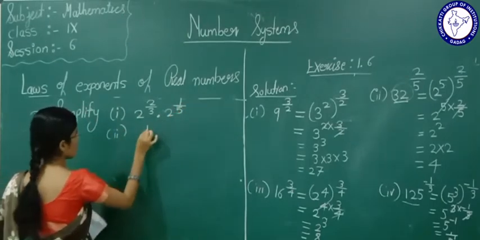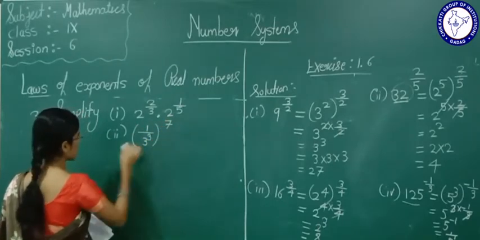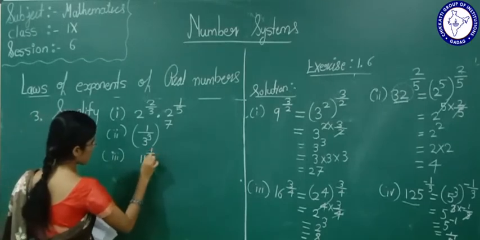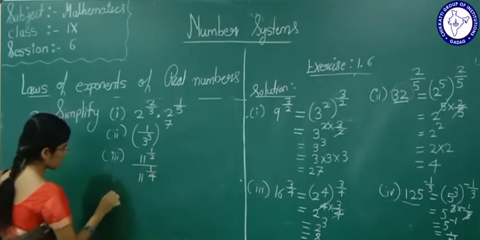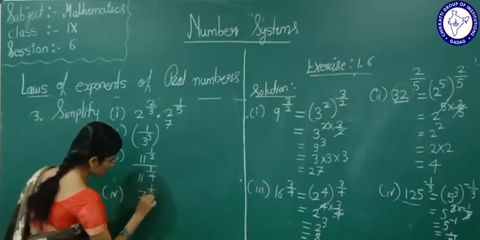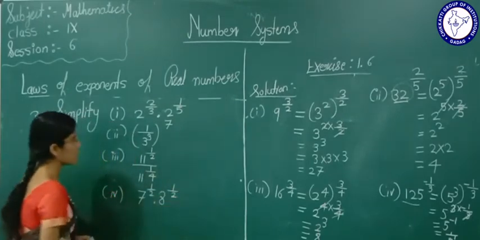Second one, 1 divided by 3 raised to 3 raised to 7. Third one, 11 raised to 1 by 2 divided by 11 raised to 1 by 4. Fourth one, 7 raised to 1 by 2 multiplied by 8 raised to 1 by 2.